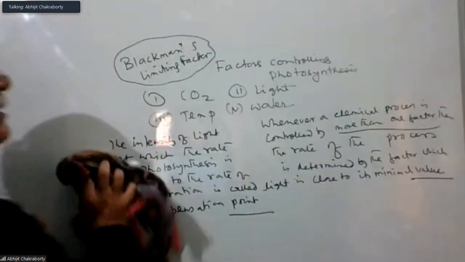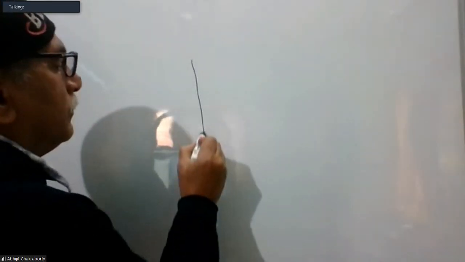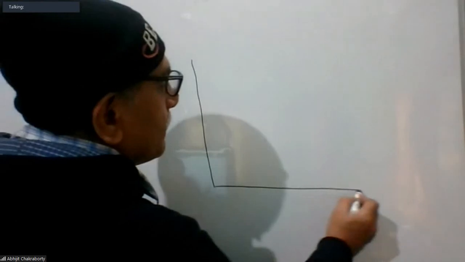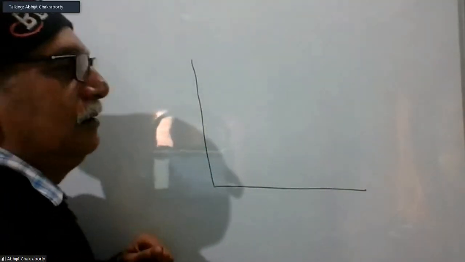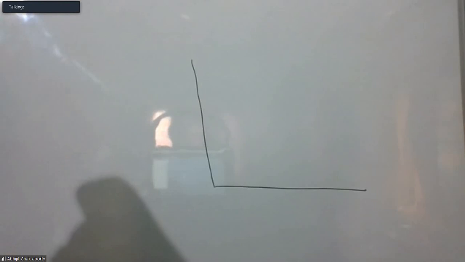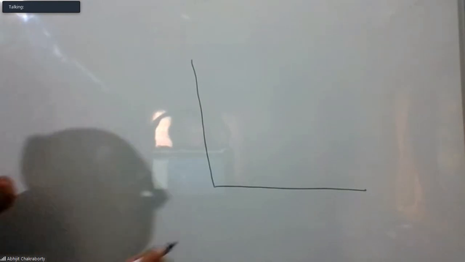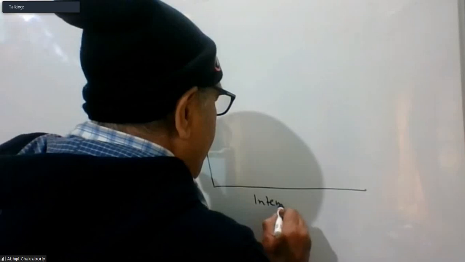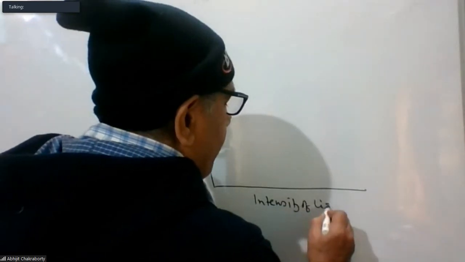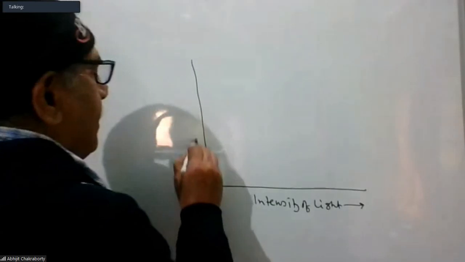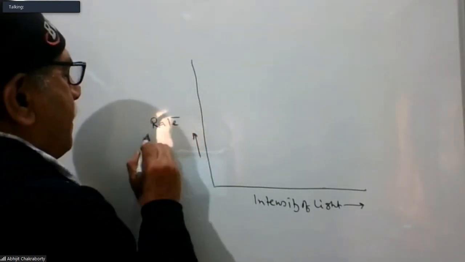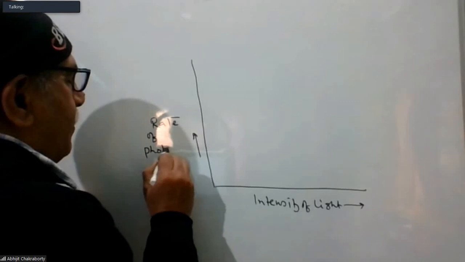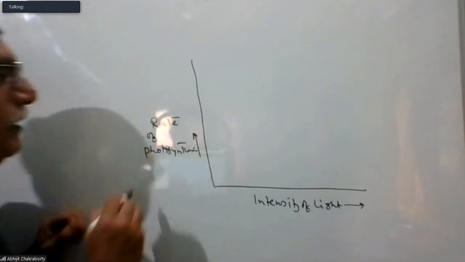I am showing you one chart, then it is easier for you to understand. You see the rate of photosynthesis.